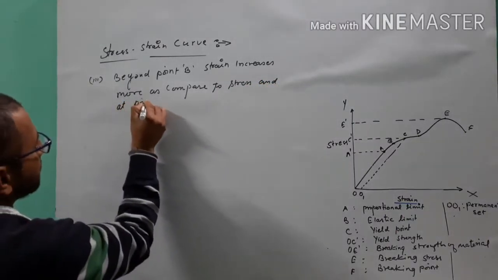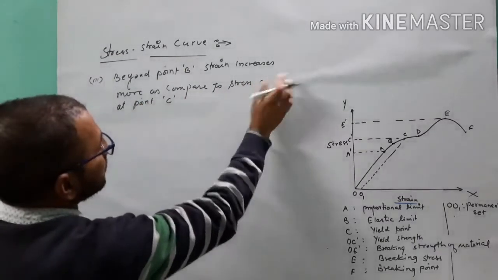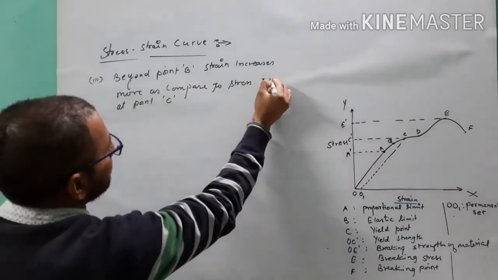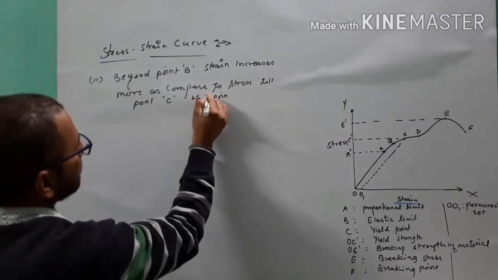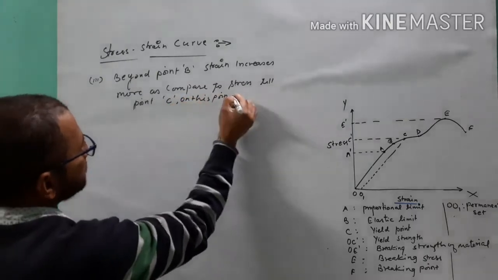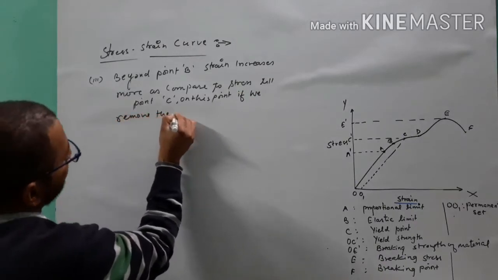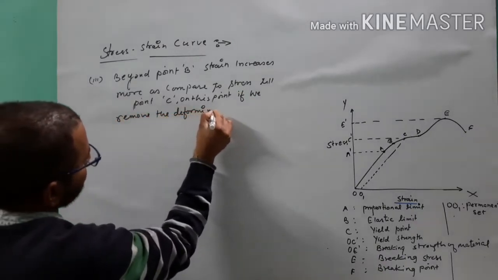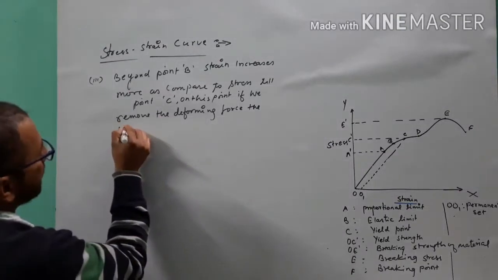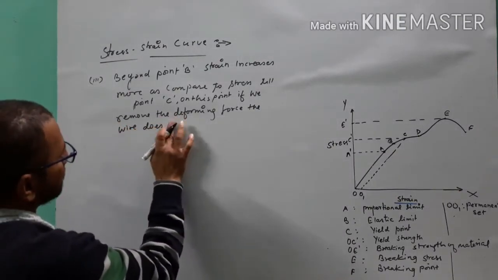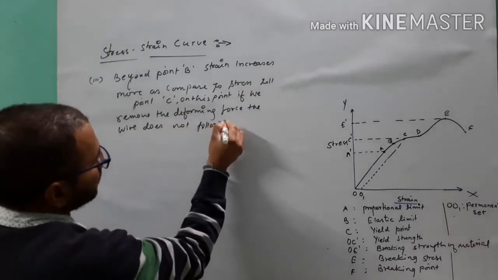Point clear? And at point C, if we remove the deforming force, the wire does not follow the path from the graph.